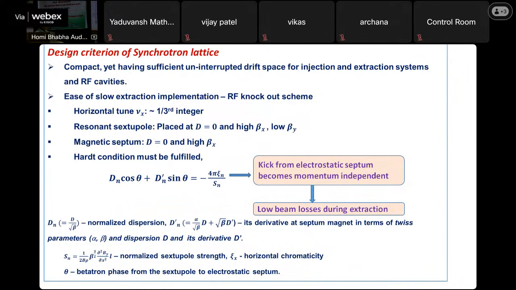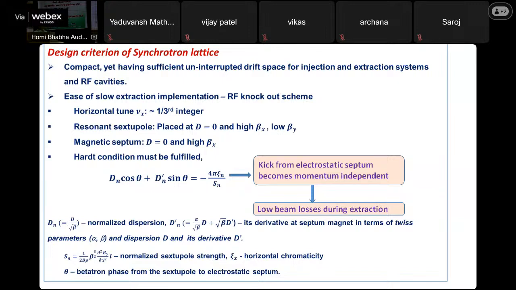So, design criteria. First, our lattice must be compact as it has to be built in the hospital. Yet it must provide sufficient uninterrupted drift space for different subsystems. Also, there will be slow extraction in the synchrotron, and for that the RF knockout scheme has been selected.